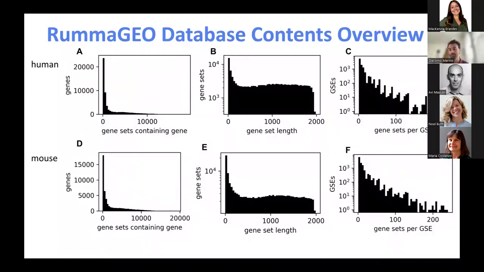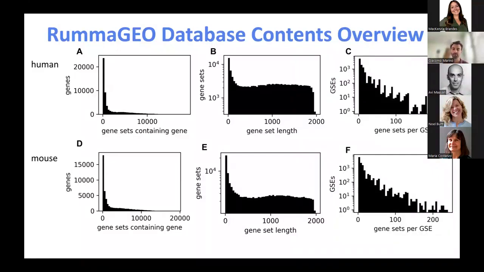And then another thing we can look at is how many gene sets we are getting per study. And we can see this periodic nature of this chart. That arises from the fact that a certain number of conditions, if you do some combinations, can lead to a certain number of gene sets.